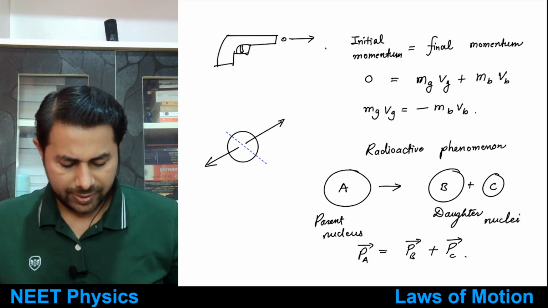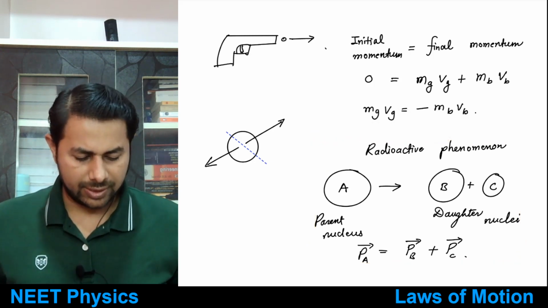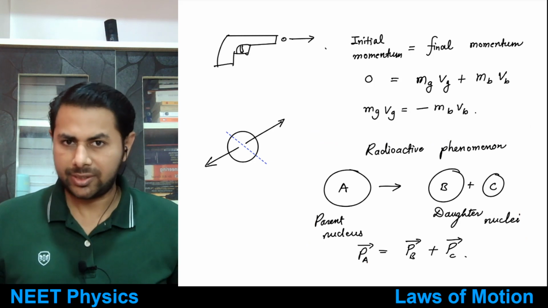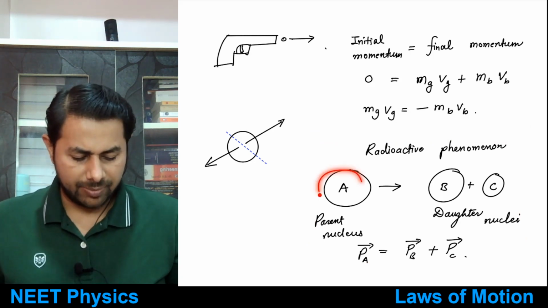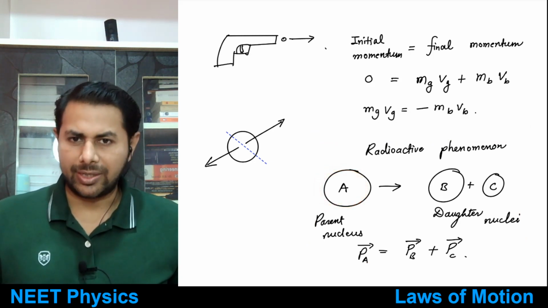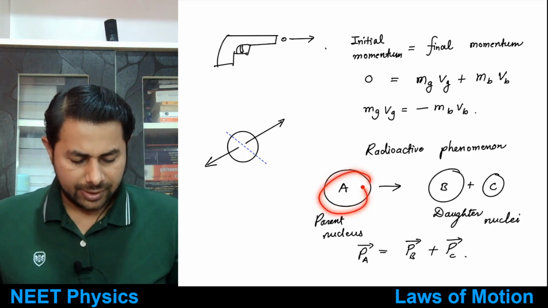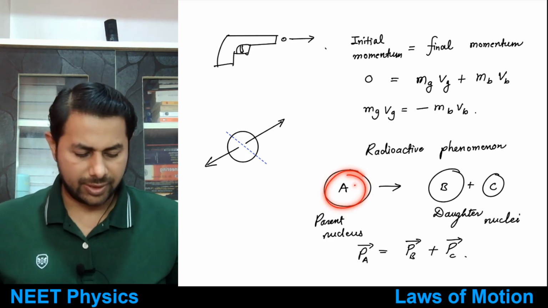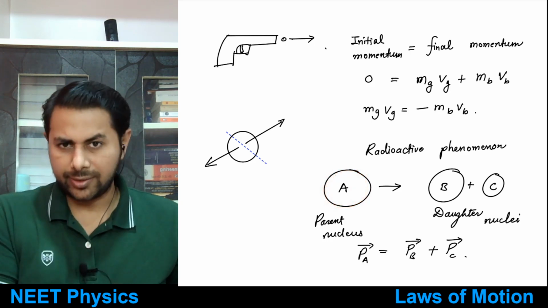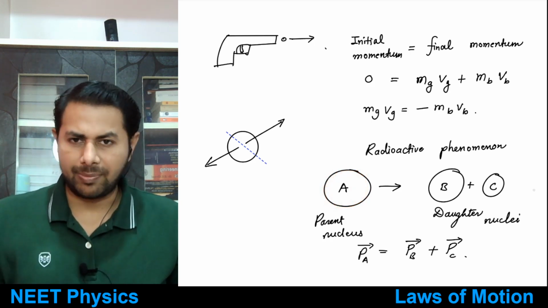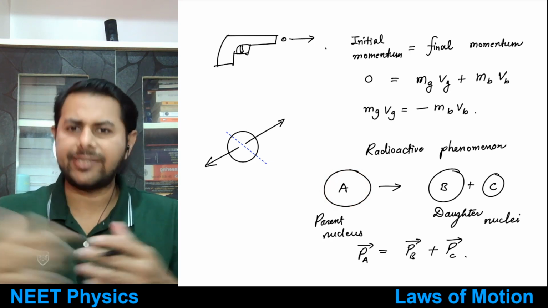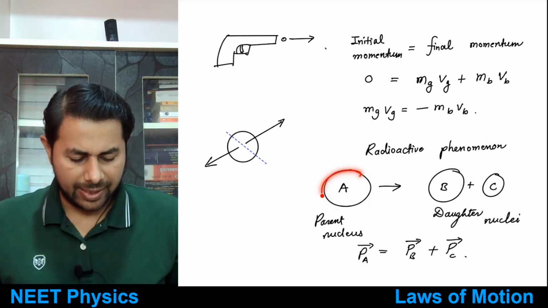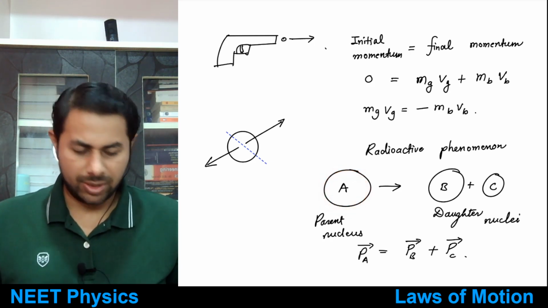Another example is, we know that there are some radioactive substances. For an example, uranium is a radioactive substance, and now suppose it decays. So uranium decays into some other nucleus, plus an alpha particle. It emits some particle. So this is the parent nucleus, it will have some initial momentum.